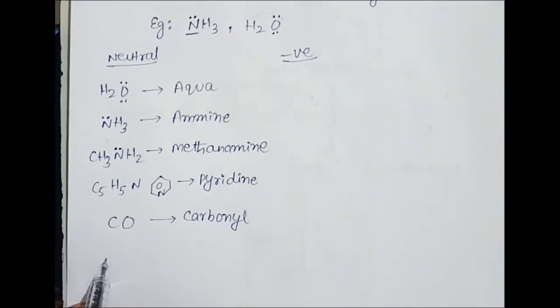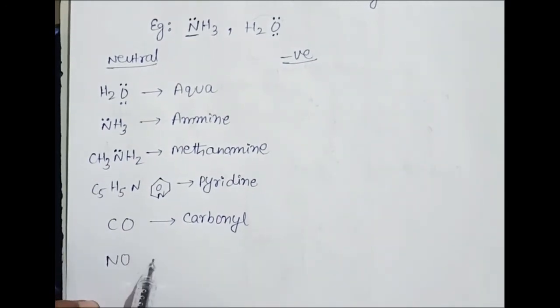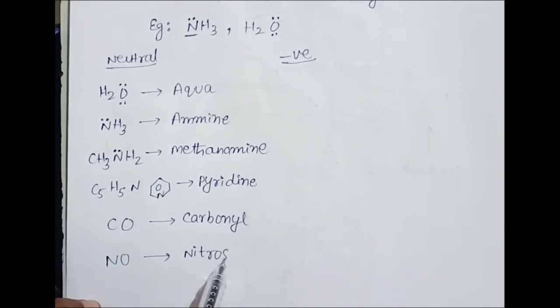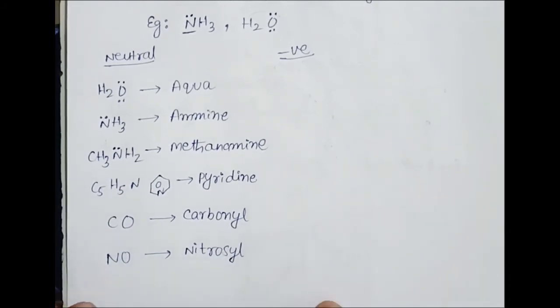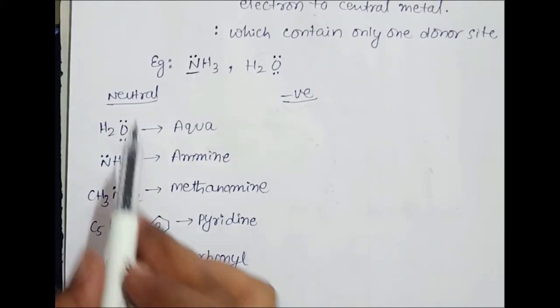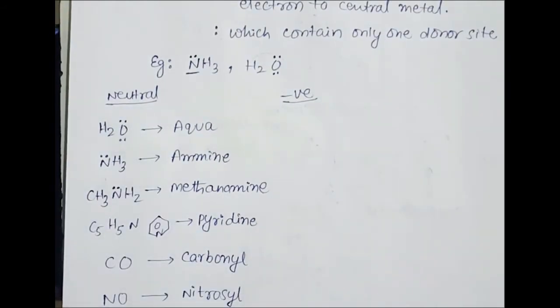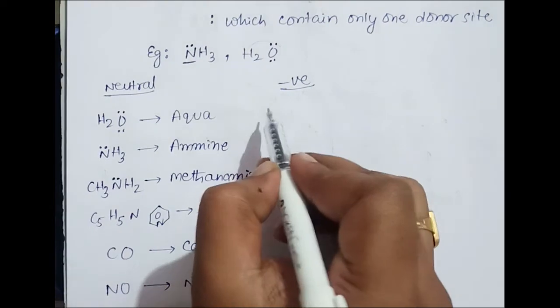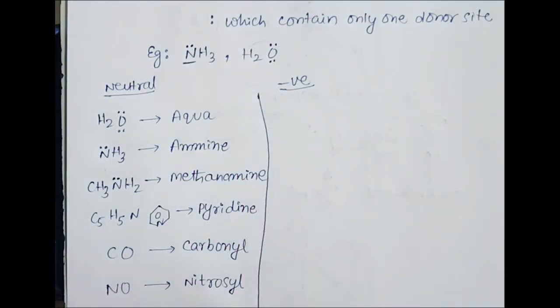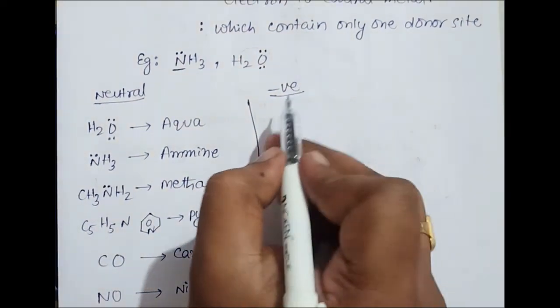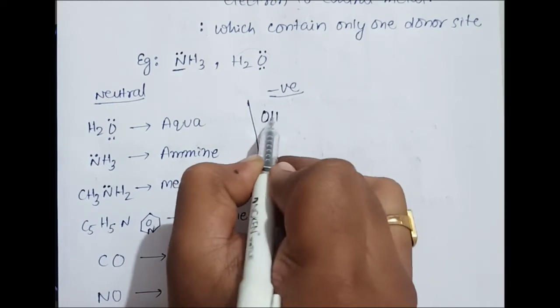Next, NO is a unidentate ligand which we give the name nitrosyl. These are the unidentate ligands, but which unidentate ligands? Neutral ones.